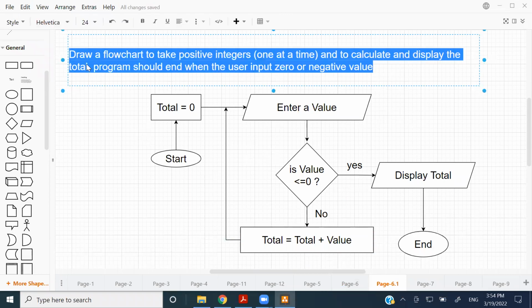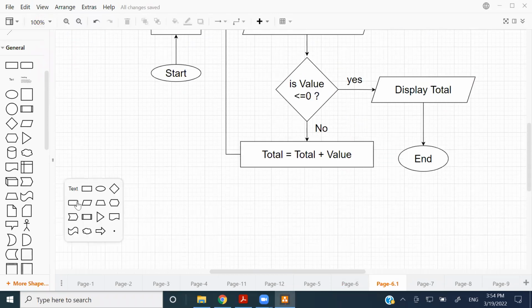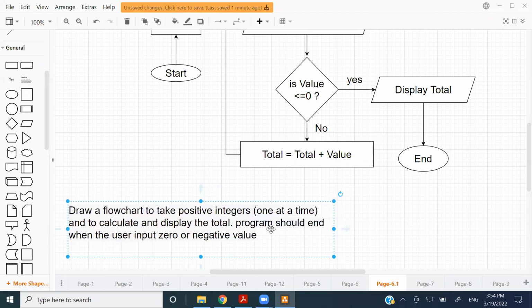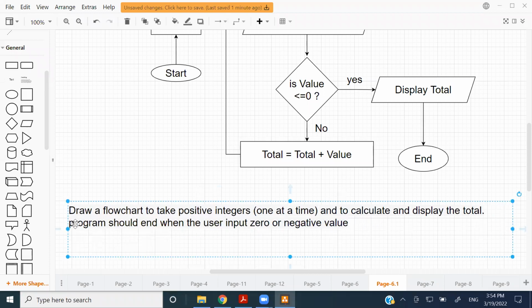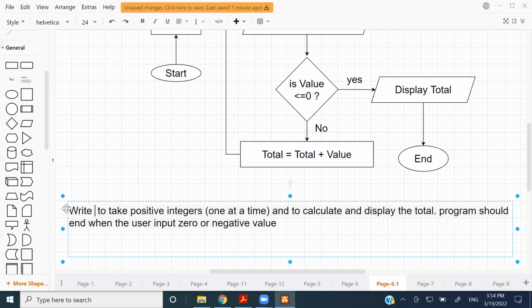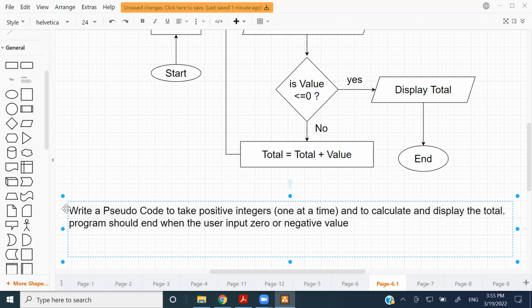Right, so here comes your question. It is something very simple like this. So your question will be worded like this: write a pseudocode to read positive integers one at a time and to calculate and display the total.